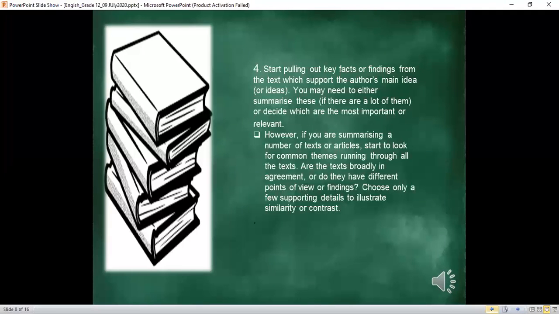Now, as you continue, you've identified the main ideas, you've written them down. What information is supporting these main ideas? Because the main ideas don't just stand alone, you know. In the process of meaning making, these main ideas have to be supported by something to actually convey the message properly.